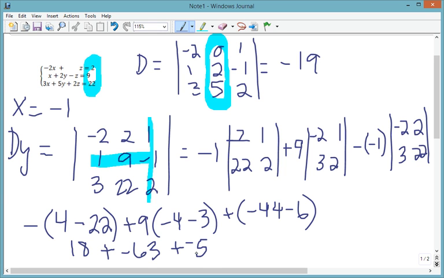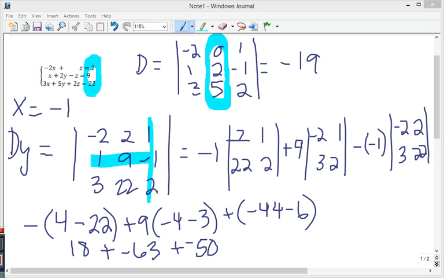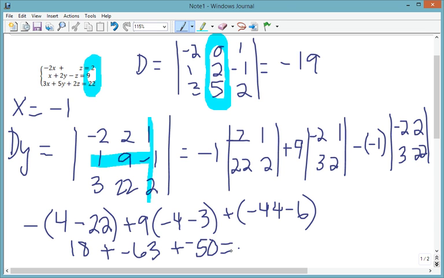So really subtract 50. Okay, so that's going to be, let's subtract 18 from 63. That'll be a negative 45. And a negative 50, so that's going to be negative 95. All right, so y is equal to negative 95 over negative 19.